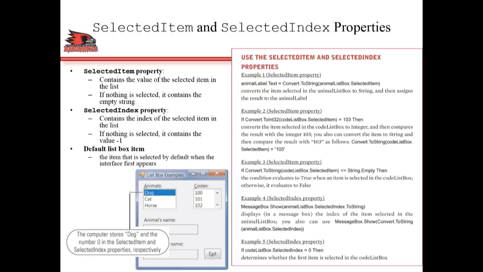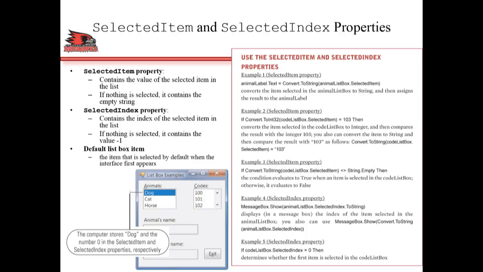Now there are handy properties through which the program can know which item in a list box is currently selected. SelectedItem and SelectedIndex are two such properties, which store the item the user has selected at that moment.